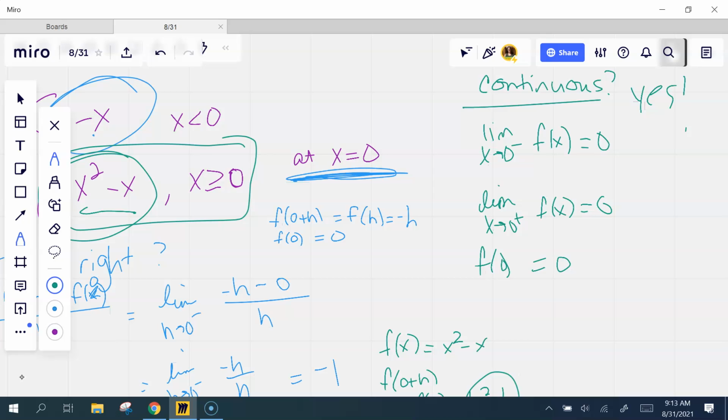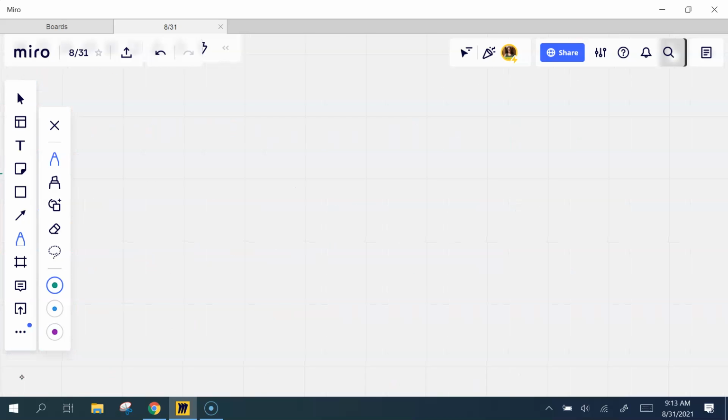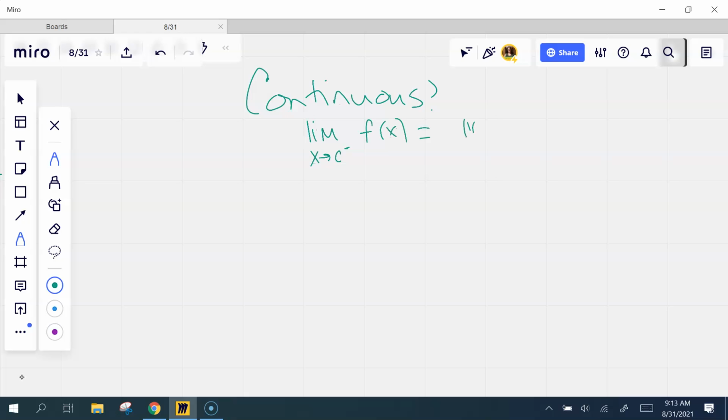So let me write this for you, so you'll have continuous or not. Is the limit of some value from the left equal to the limit of that some value from the right, which is equal to the function value at that point?